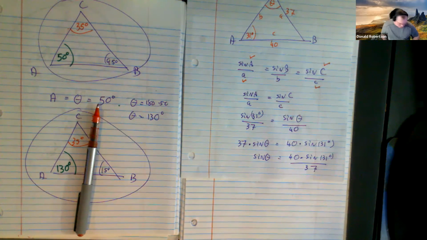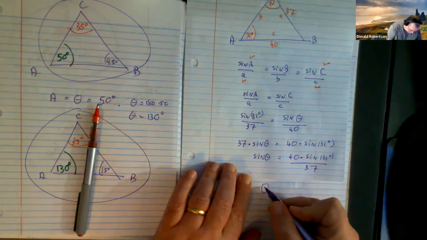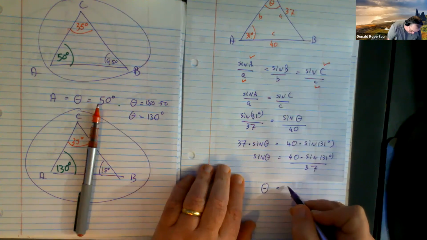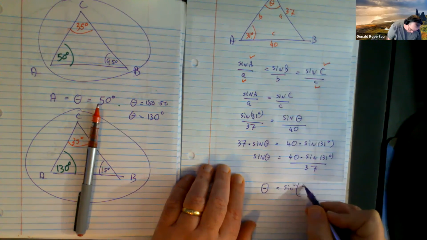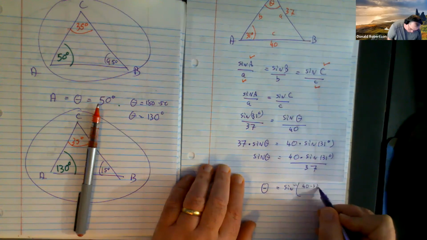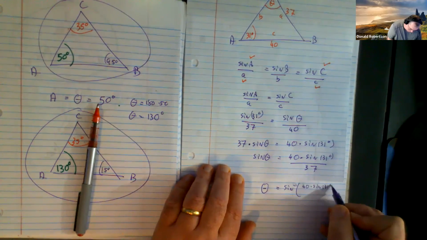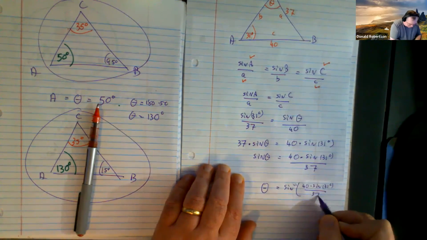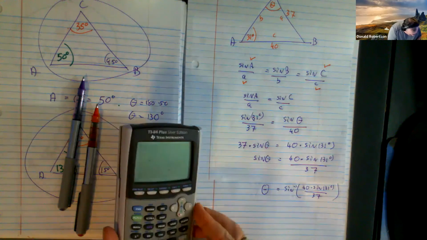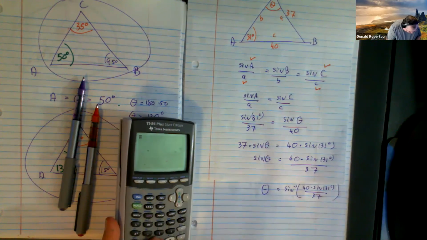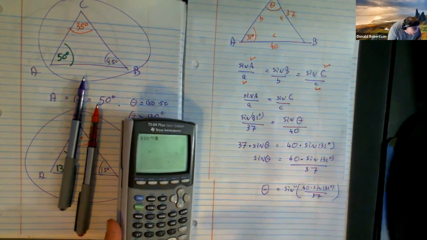So if you want to find the angle theta, this angle up here, you will just go the inverse sine of all of that. And this better have two answers because it's meant to. So inverse sine of 40 times the sine of 31, all divided by 37.